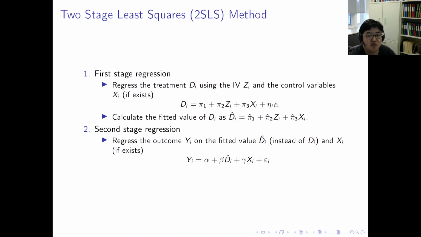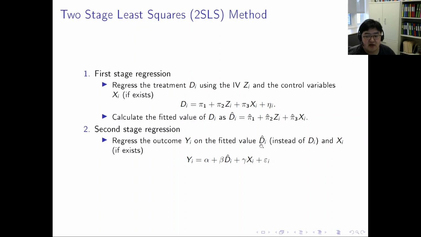So we are going to remove that because that is the source of the problem. Ignore that. And in the second stage, I'm going to replace the true education with the predicted education, which does not have the error term.